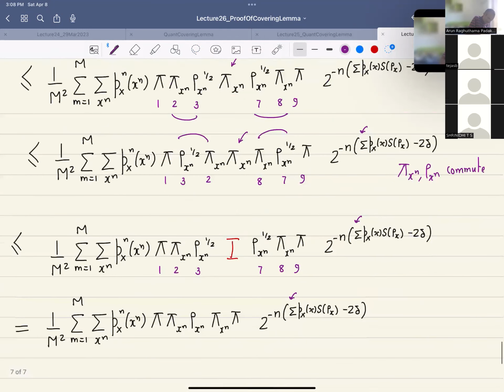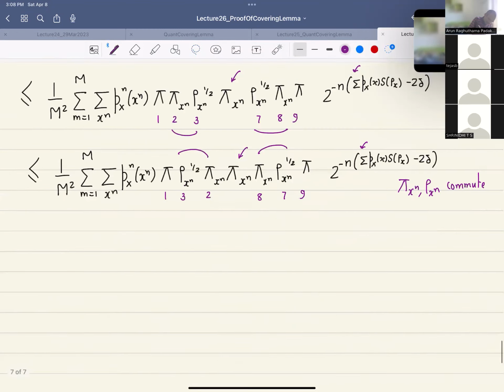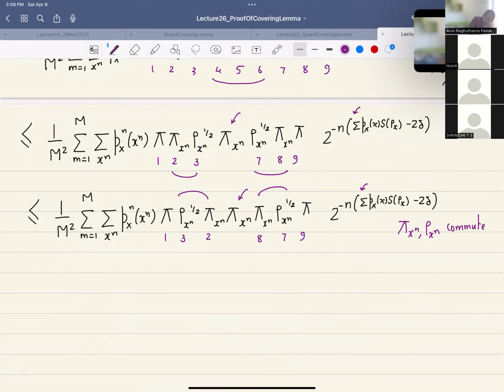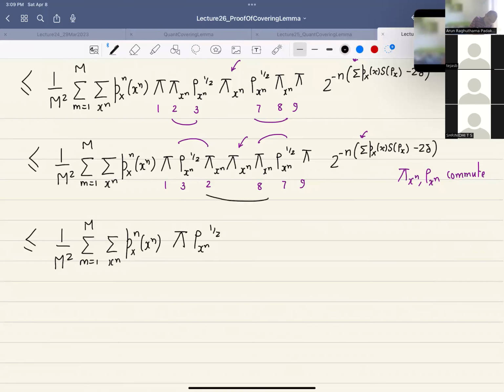So let me erase these. Sorry. It's like this. Okay. Now I'll get rid of the pi. I don't want those guys. Their job is done. Hopefully. So 1 is as is, 3 is as is, 2, the middle pi and the 8, I'm going to knock it off.